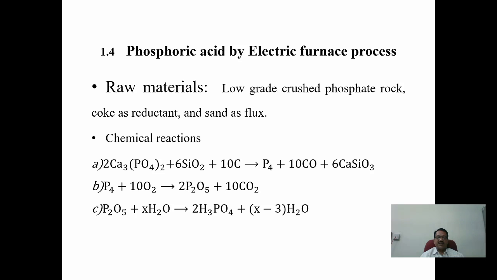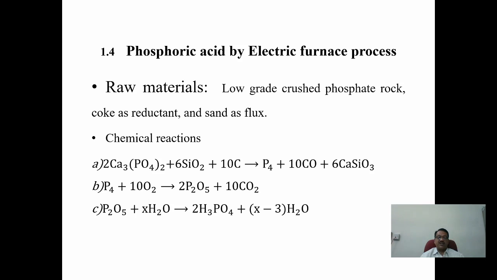In the electric furnace process, the process is similar up to the production of phosphorus from phosphate rock in the electric furnace, where the phosphate rock undergoes decomposition and produces vapors of phosphorus. These phosphorus vapors are then converted into phosphorus pentoxide by oxidation with oxygen.